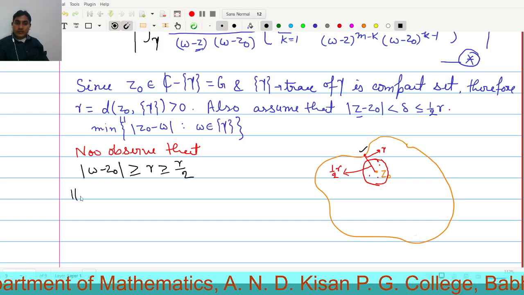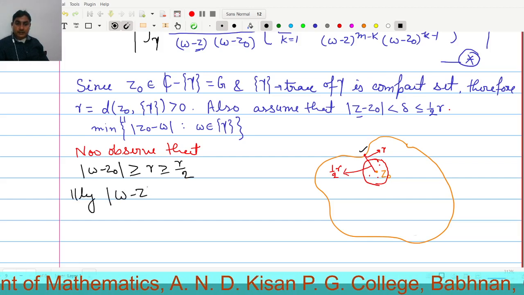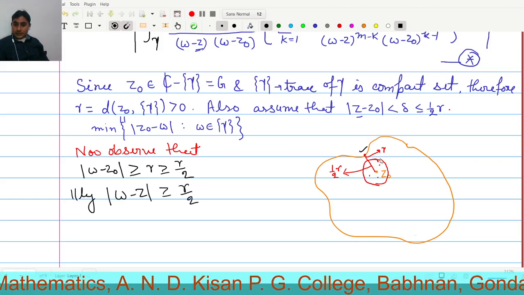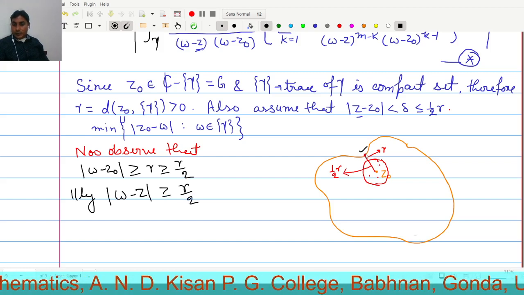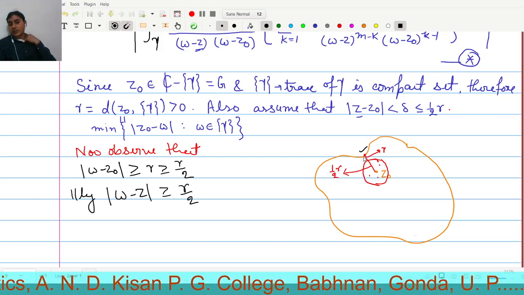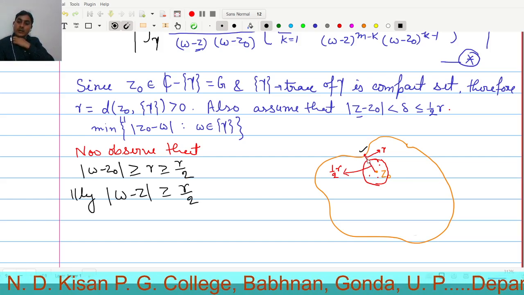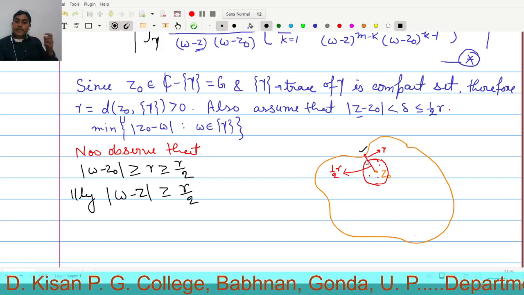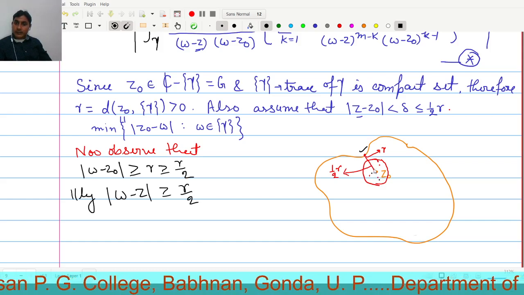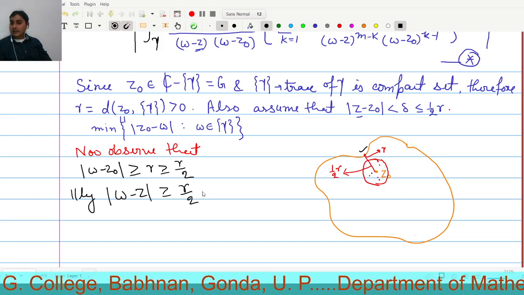Similarly, mod of W minus Z will be greater than or equal to R by 2. How? Because if W is at this point and Z is here, then its distance is R by 2, and in other cases, if Z is here or anywhere else, it will be greater than R by 2.